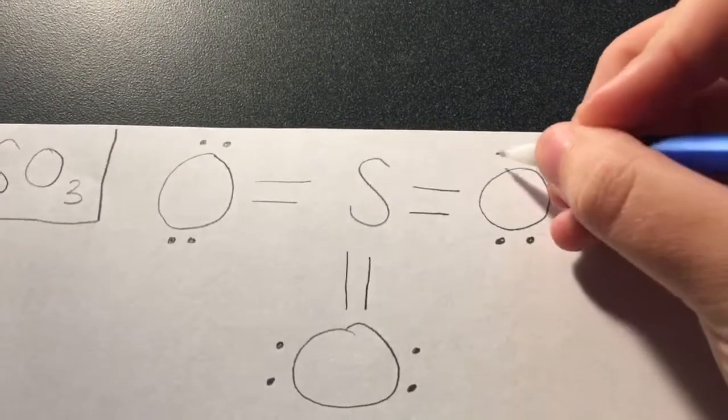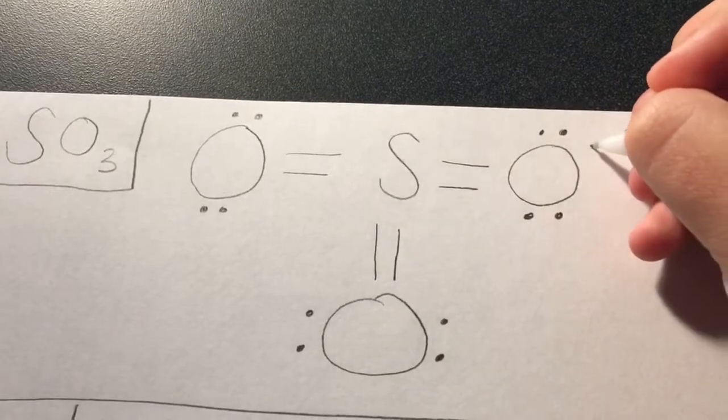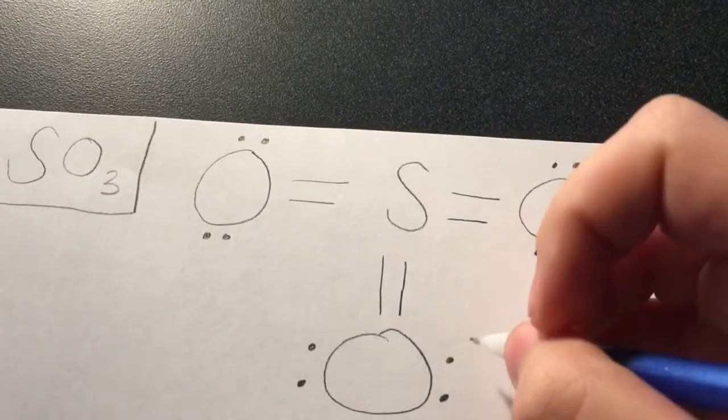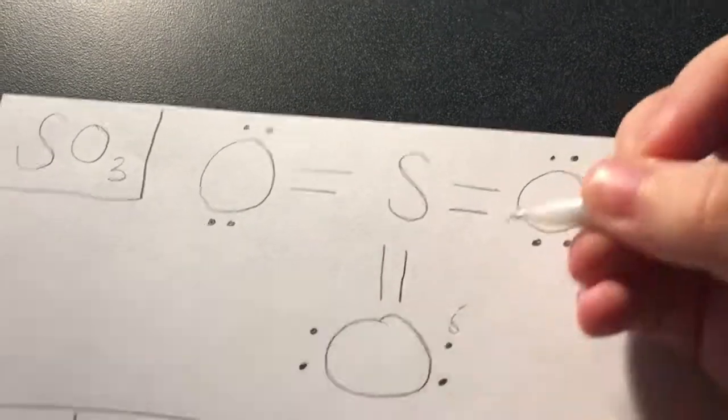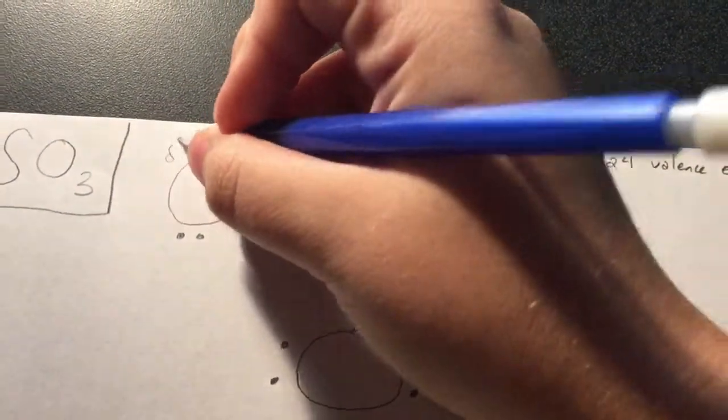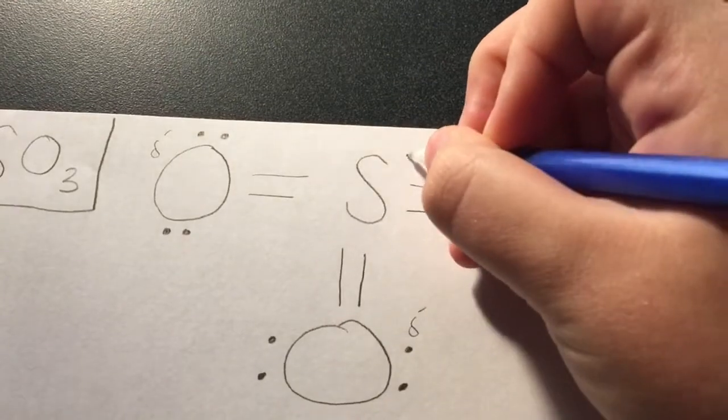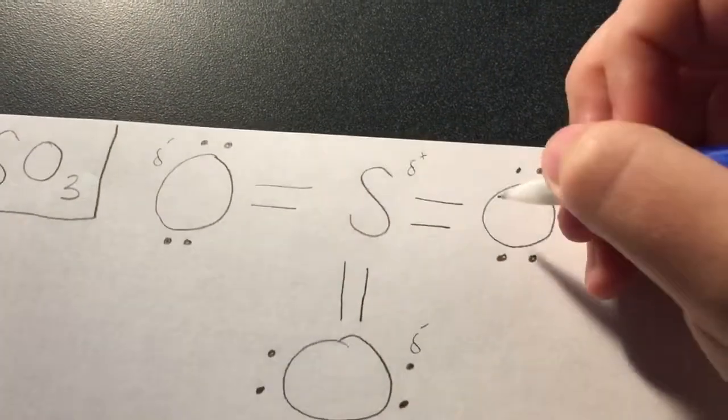So we know there are negative partial charges on each of the oxygen atoms, and a positive partial charge on the sulfur.